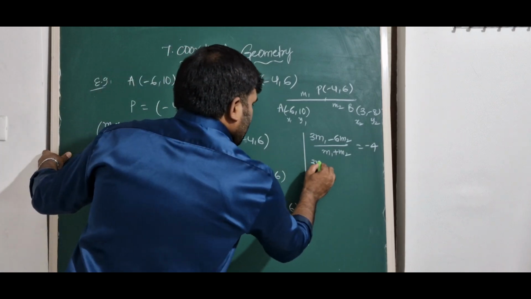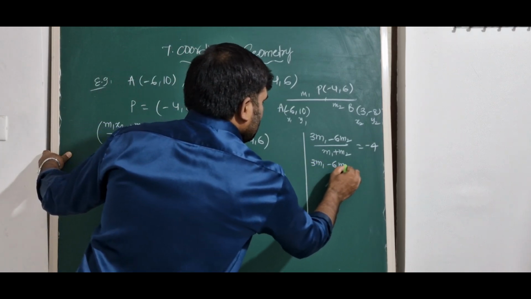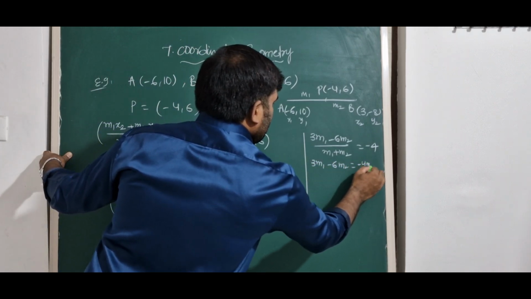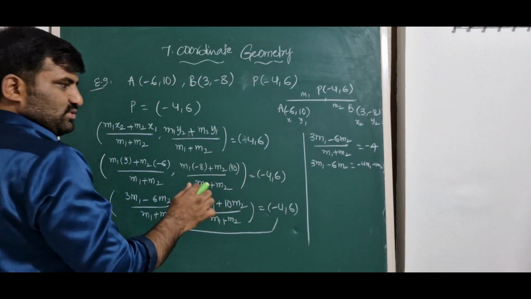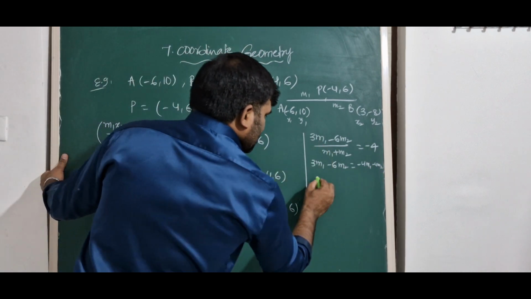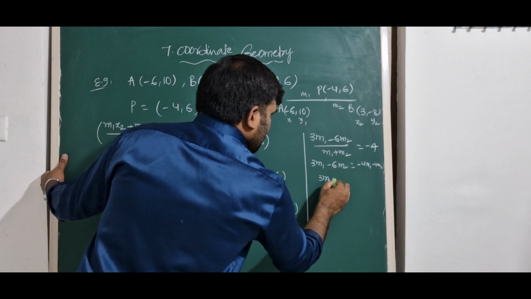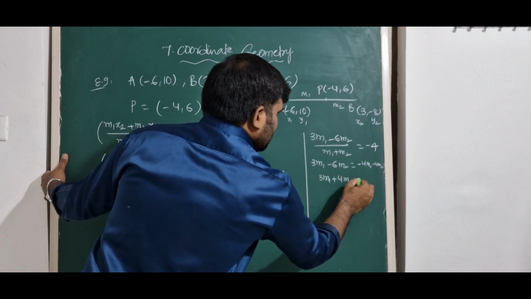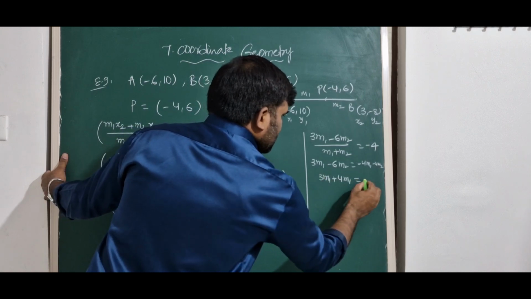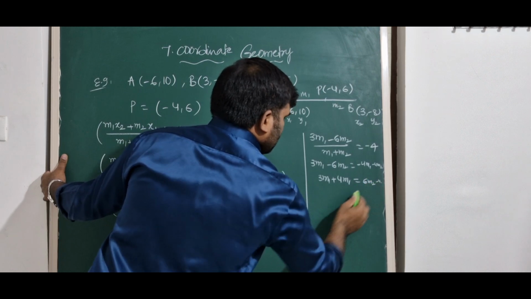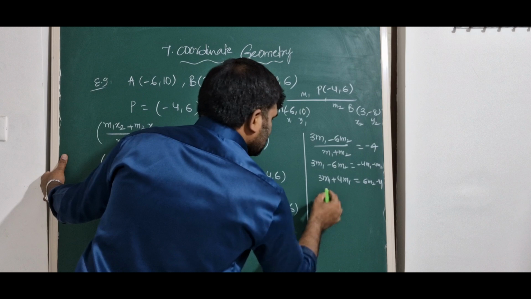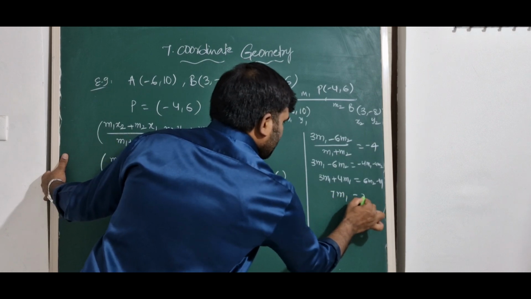So 3M1 minus 6M2 is equal to minus 4M1 minus 4M2. Transpose all the M1 terms to one side and M2 terms to the other side. 3M1 plus 4M1 is equal to 6M2 minus 4M2, okay, 2M2. So 7M1 is equal to 2M2.